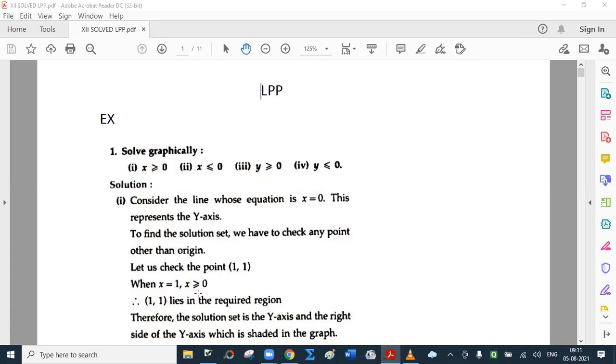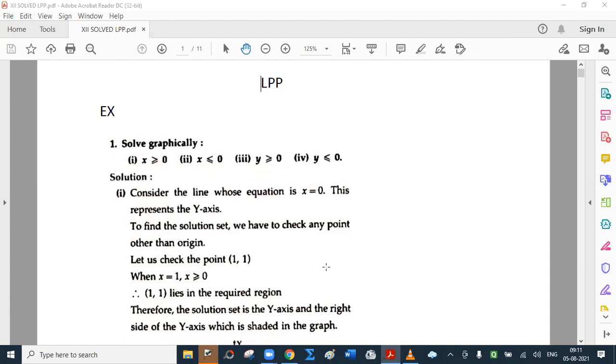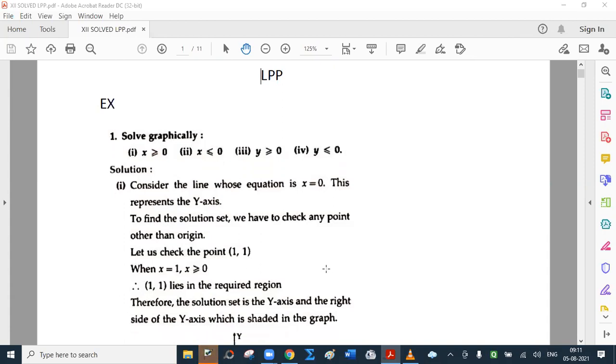When x is 1, is x greater than 0? Yes. Now don't say, but it is not 0 at the same time. How can it be? Either it is exactly 0 or greater than 0. So for (1, 1), I can say that it lies in the required region. Therefore, the solution set is the y-axis and the right side of the y-axis, which is shaded in the figure.